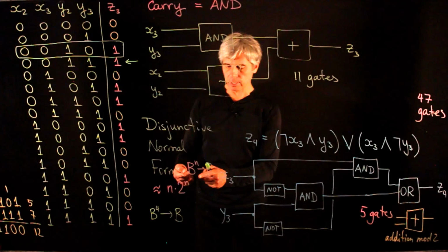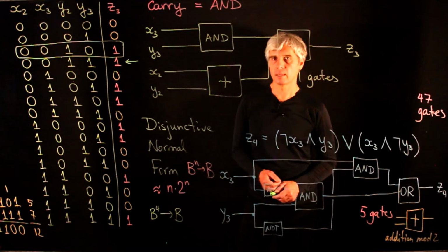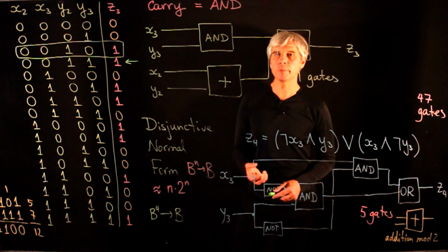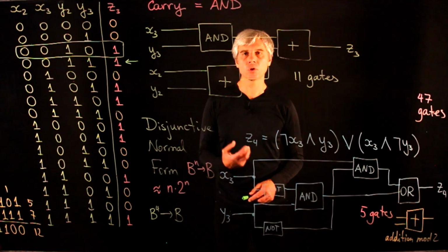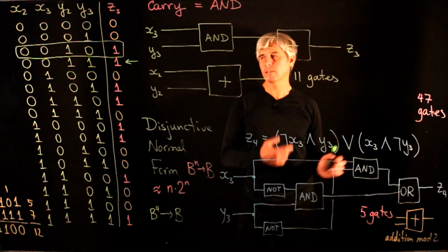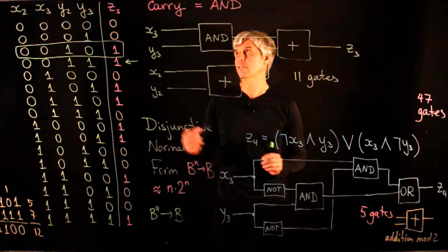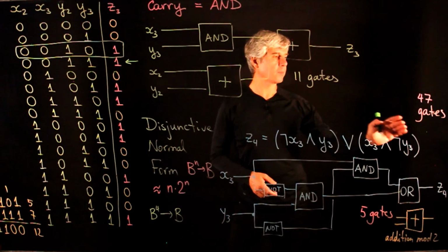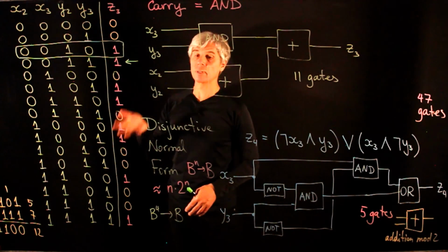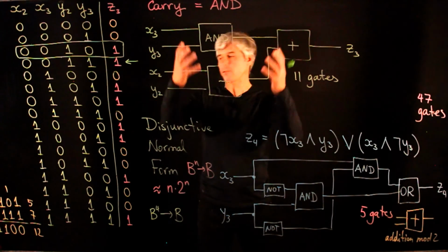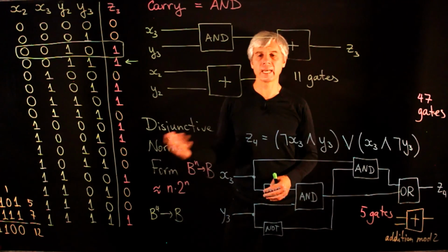A boolean function is a function from n-bit strings to a single-bit string, and an algorithm is an implementation of this function as a composition of elementary logical functions.